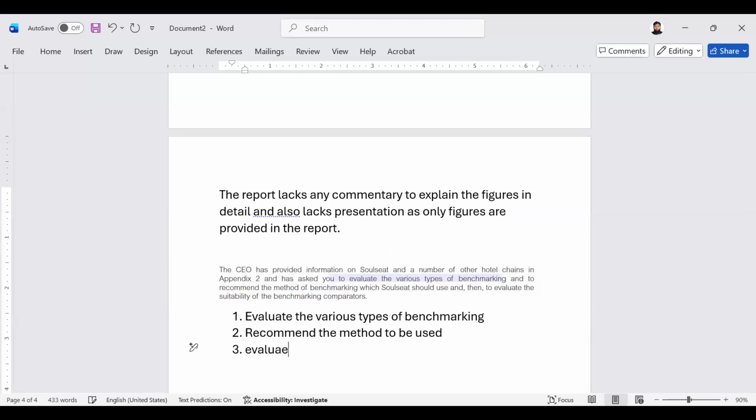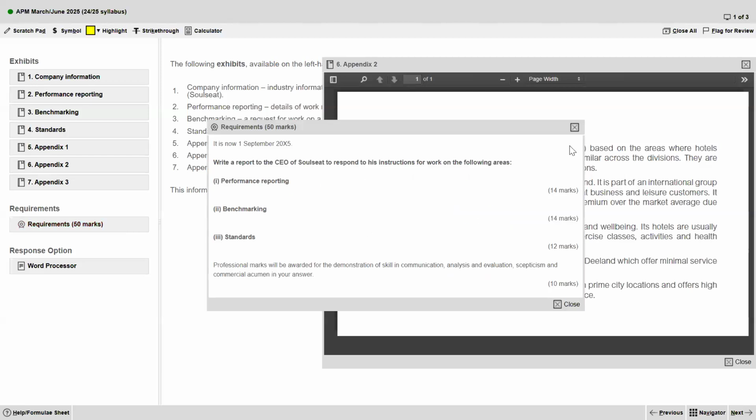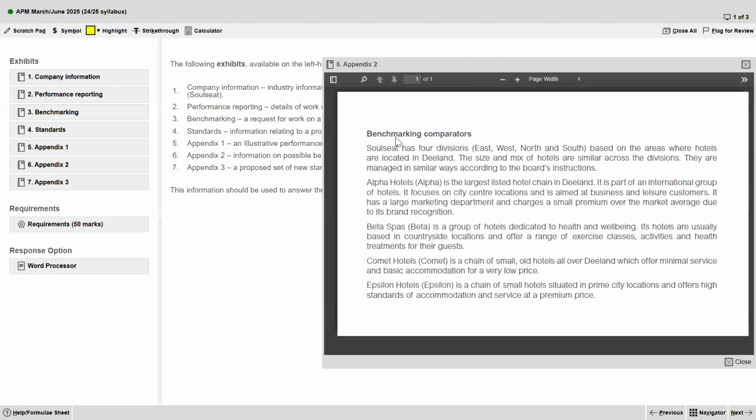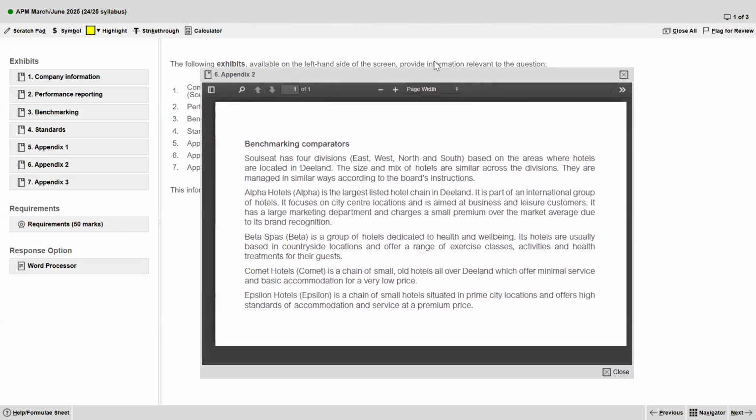Then evaluate the suitability of benchmarking comparators. Just remember, if you split the question requirement into three, it becomes easier for you to answer. This requirement is for 14 marks, and when you break down the question requirement, it becomes easy to answer.